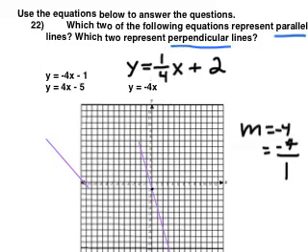So the one that's perpendicular to it is going to have the opposite slope. So let's try this one first. We'll graph that line and see if it's perpendicular to it. -5 is the intercept right there, and then let's count the slope from that point. Okay, so that slope is +4, or 4 over 1, so we go up 4, 1, 2, 3, 4, but over 1 to here. Okay, so that's the point right there.